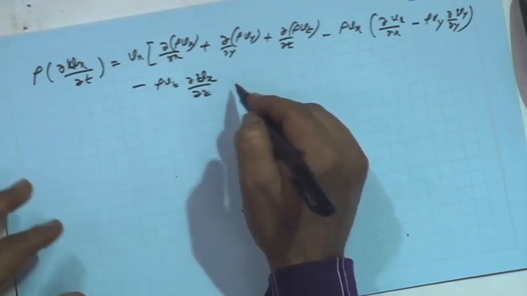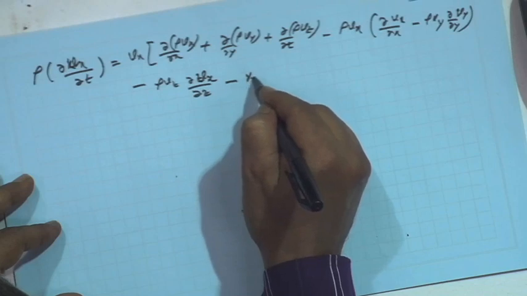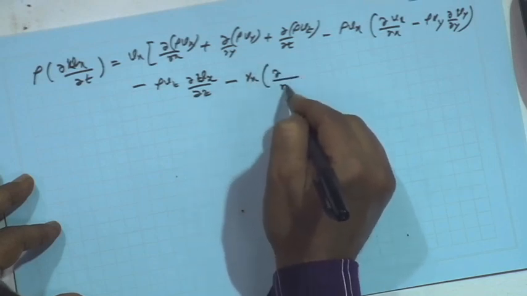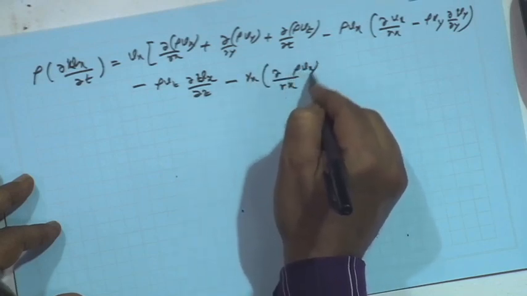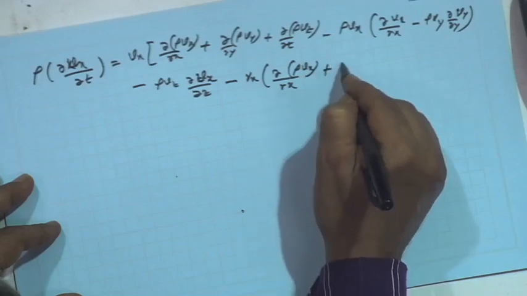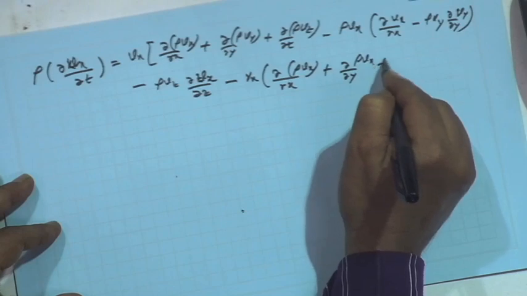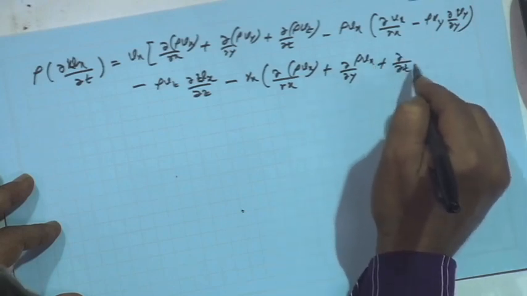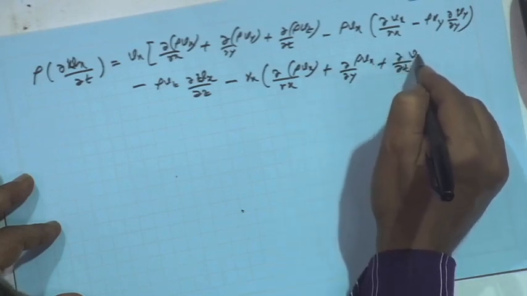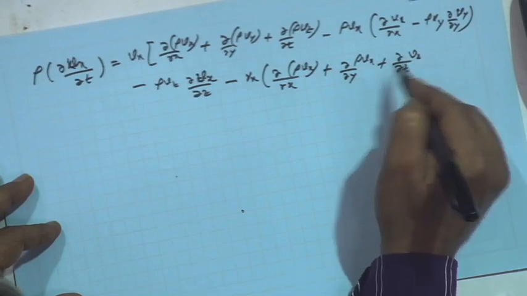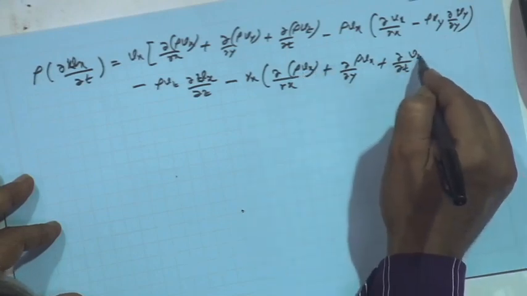So, this minus Vx del x of rho Vx plus del y of rho Vy plus del z of rho Vz, okay, rho Vx.